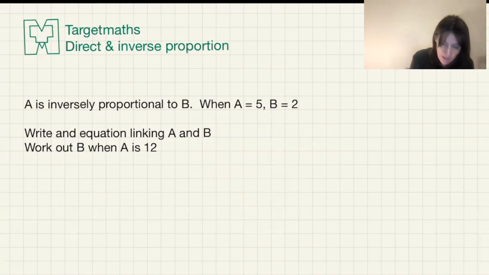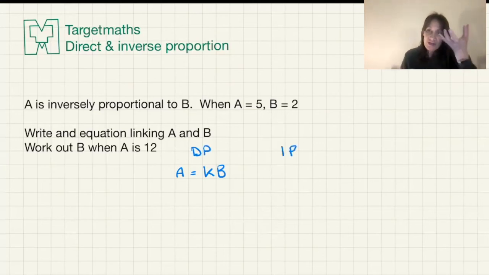Now, if you think about our equation for direct proportion, and if I use the same letters we've got here, we would have A equals K times B. That was for direct proportion. If I'm going to do inverse proportion, if I've got one thing growing as another thing's getting smaller, obviously I can't have the same equation.